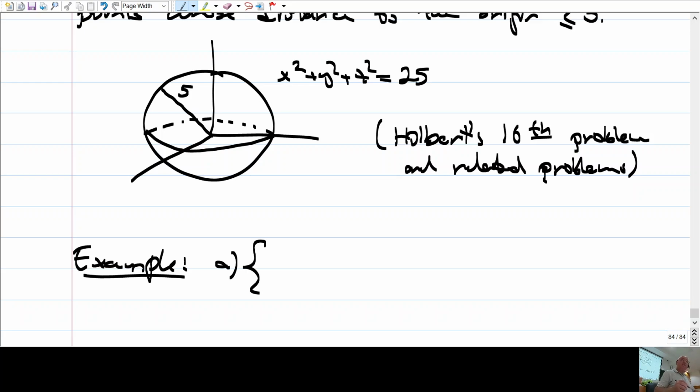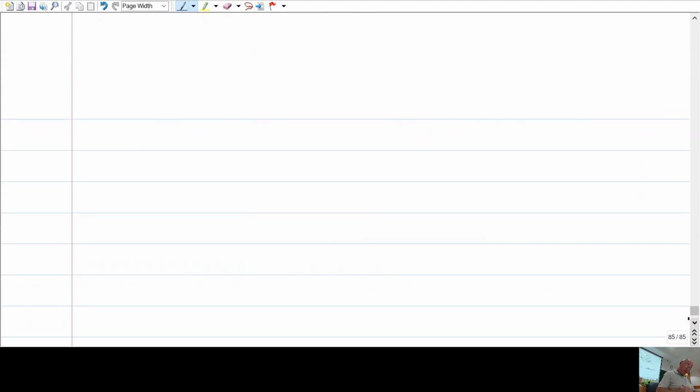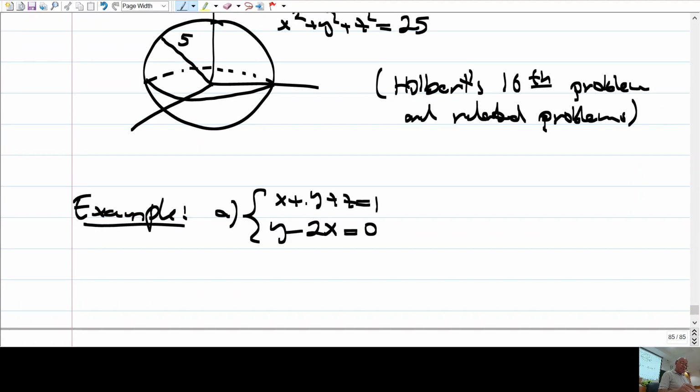We may consider systems of equations, for example, like this one. So what is this? Each equation of this type represents a plane. We already considered x plus y plus z equals 1.